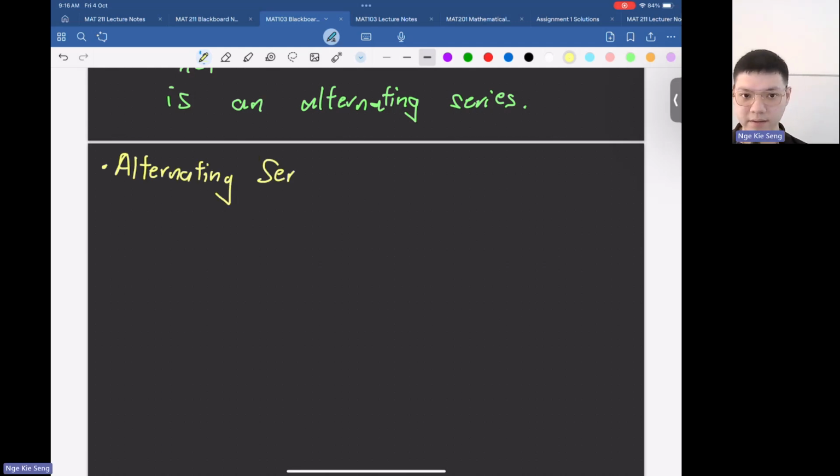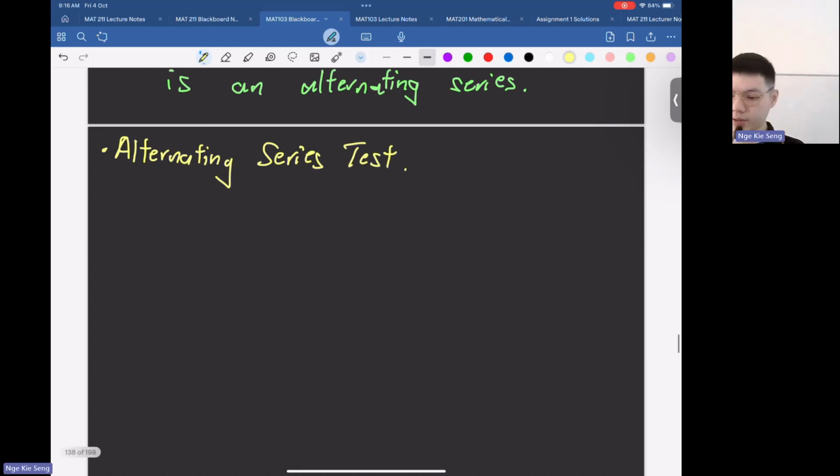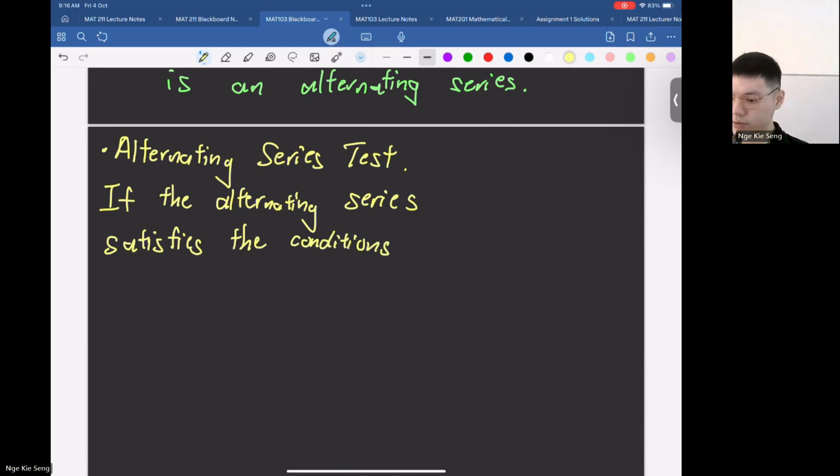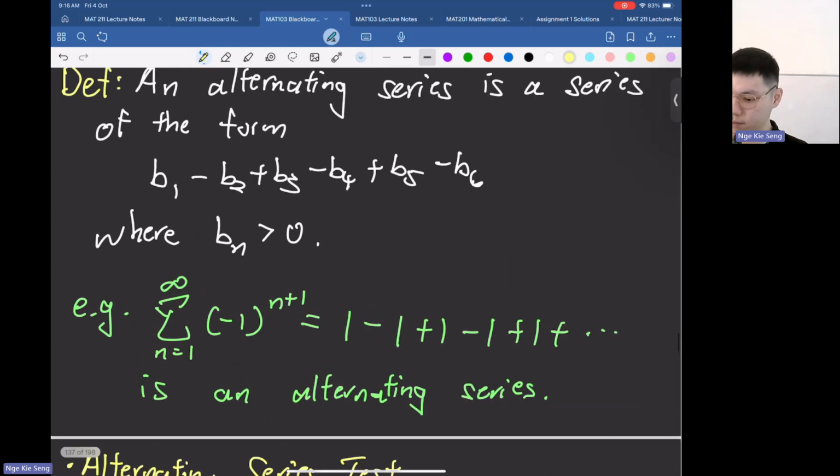If the alternating series satisfies two conditions, then... Let's bring this down.